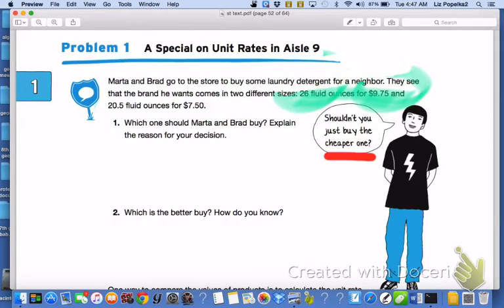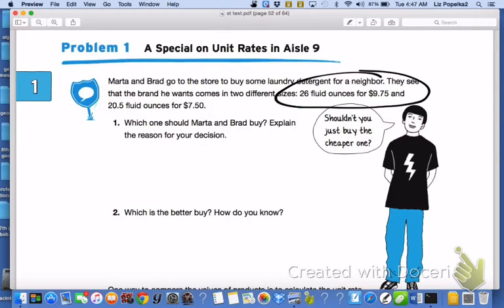I might use just plain old division to figure out, is this one actually a better deal? Because again, I used to go to the store and think, oh, well, the bigger one is always a better deal because they always charge you a little bit less per ounce.